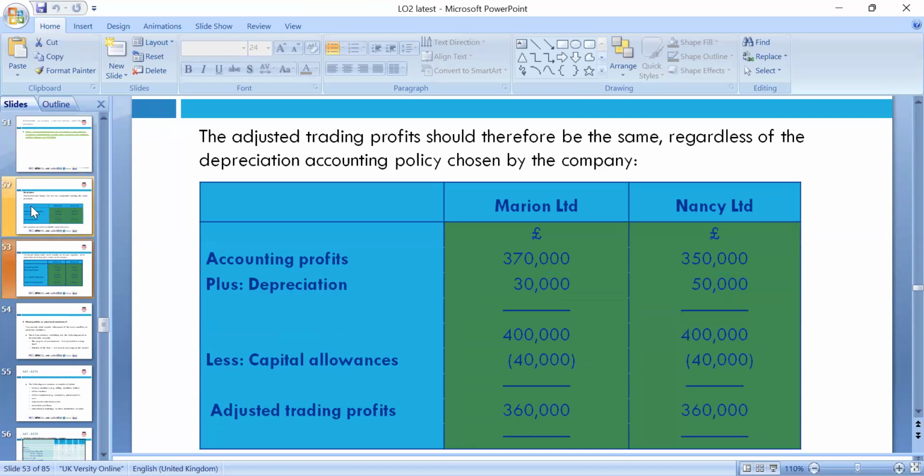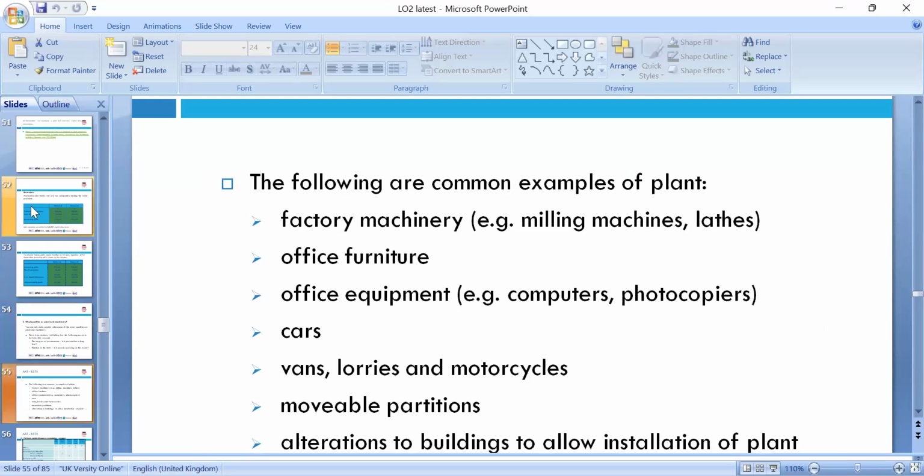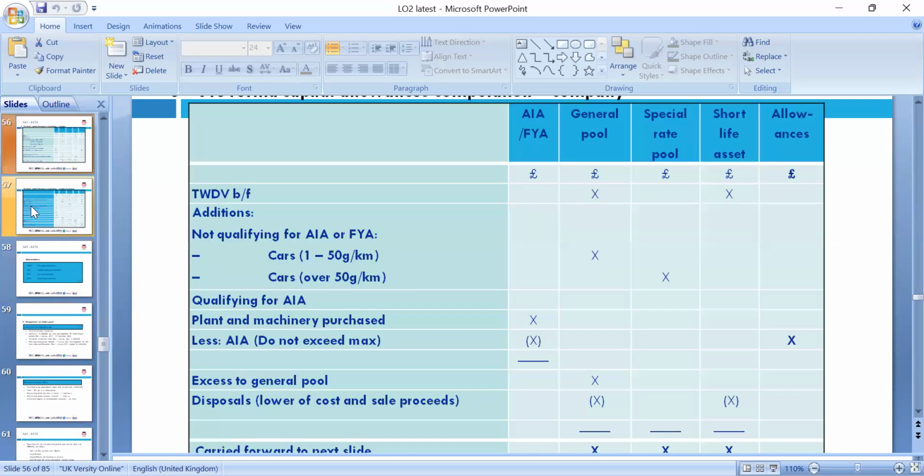And then you can deduct the capital allowances, and then we have the adjusted trading profit. Then what are the qualifying plant and machinery writing down allowances, please. We need to look at them according to the main pool and first year qualifying allowances.